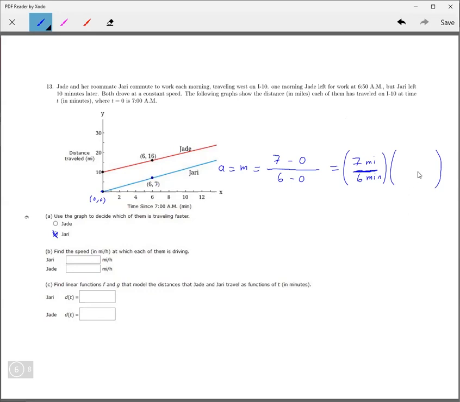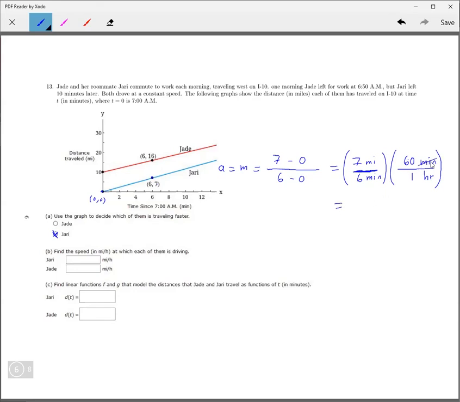The way to do that is to multiply by a fancy form of 1, where you have minutes here and hours there. The numerator has to equal the denominator, and we know that there are 60 minutes in 1 hour. So 60 minutes and 1 hour are equal, which means this divided by this is 1.